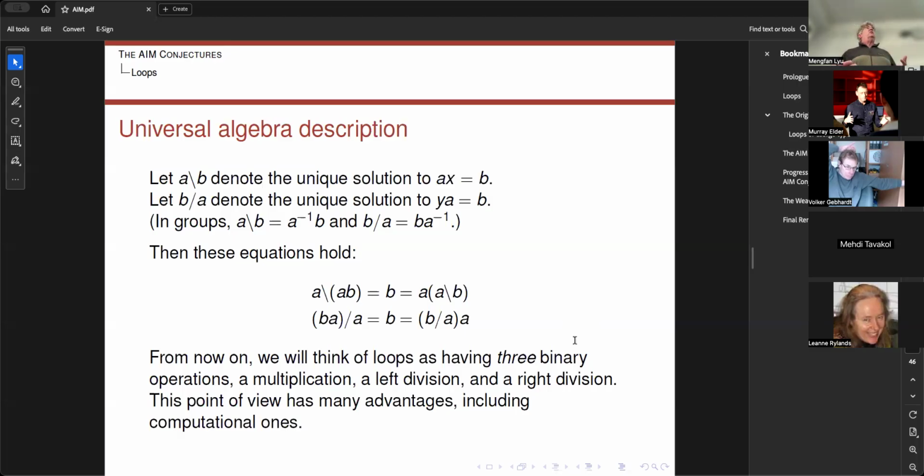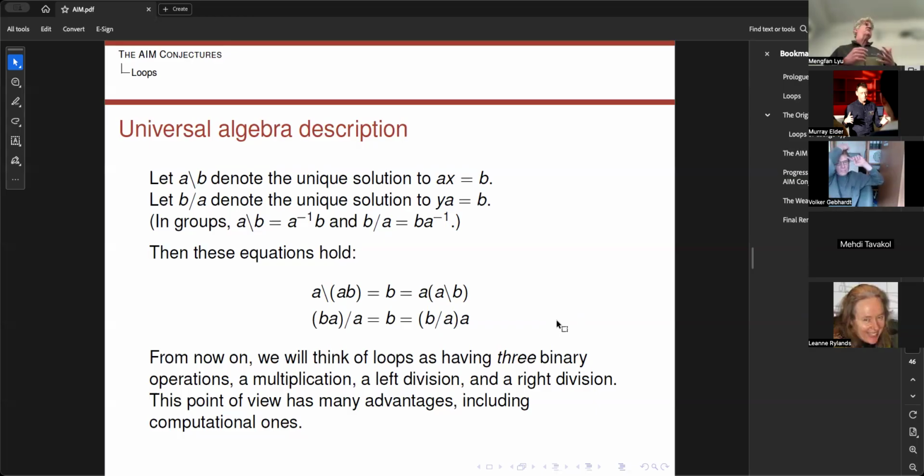Then there are some identities that necessarily hold, namely that, for example, A divided into AB recovers B, A times A divided into B is B, and so on. So it's actually beneficial to think of loops not as just having a single binary operation, but as actually having 3: the multiplication, a division on the left, and a division on the right, and then satisfying these particular identities.